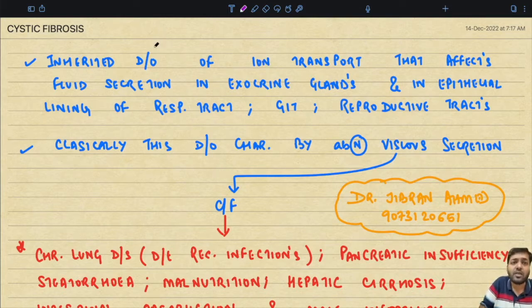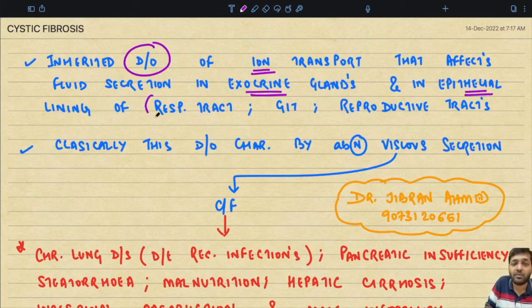So cystic fibrosis is an inherited disorder of ion transport that affects fluid secretion in the exocrine glands and in the epithelial lining of the respiratory tract, gastrointestinal tract, and reproductive tracts.